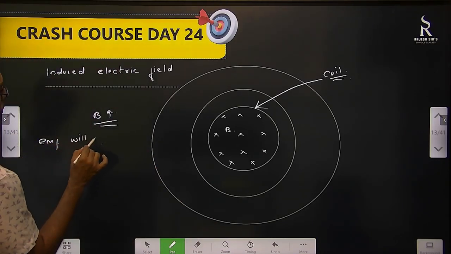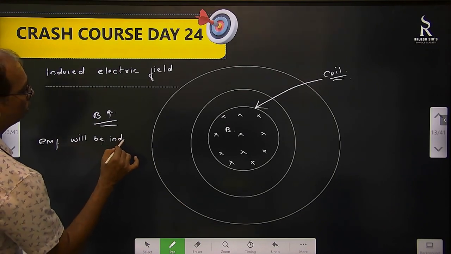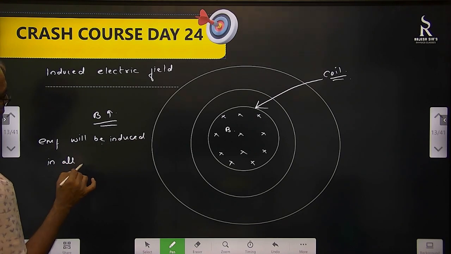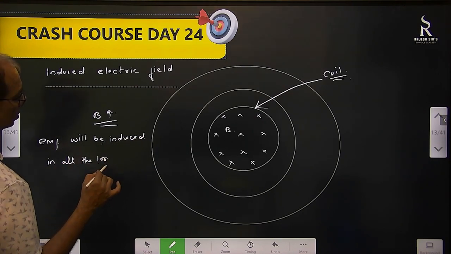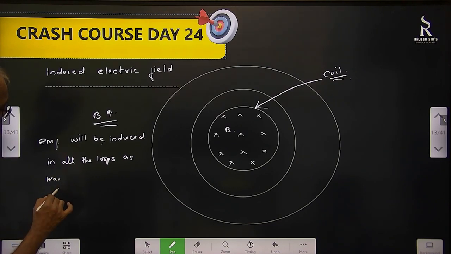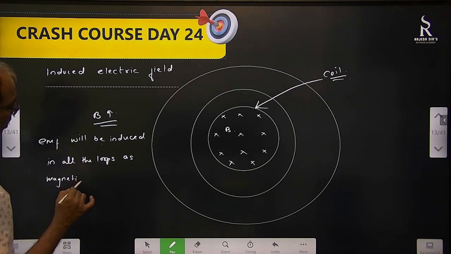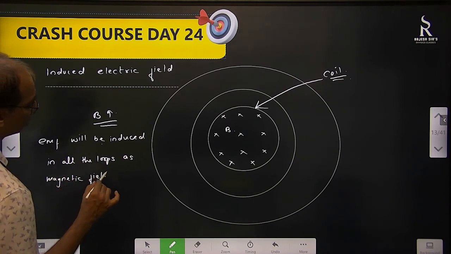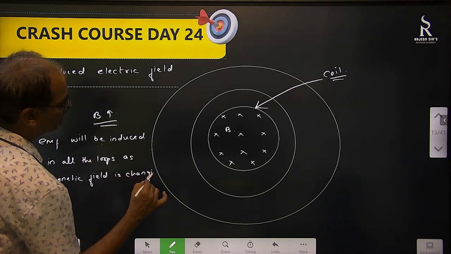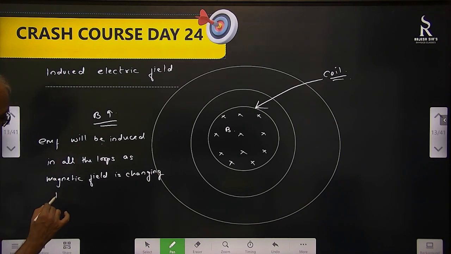So EMF will be induced in all the loops as the magnetic field is changing through the common area of these loops.